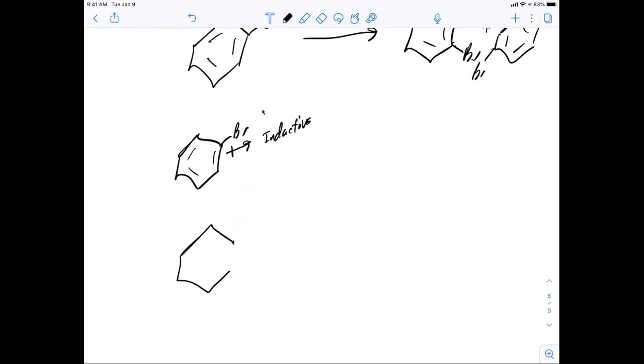When we look at our ortho-para, we get our carbocation, and we'll show it delocalizing all the way around. So this goes there, that goes there.